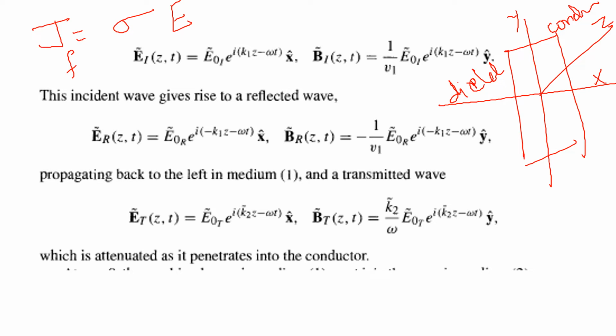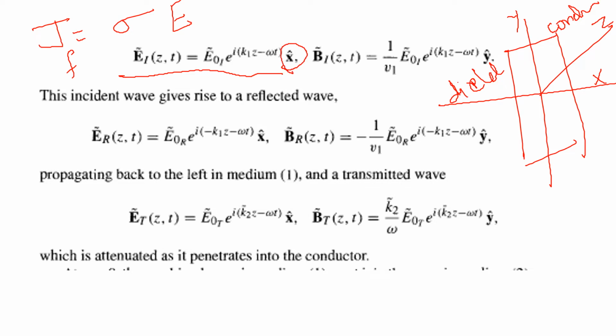Now, the incident wave consists of an electric field as well as a magnetic field. The incident electric field is represented by E_I complex equal to E0I complex times exponential i(K1 z minus omega t) x cap. The x cap shows it is polarized along the x direction.